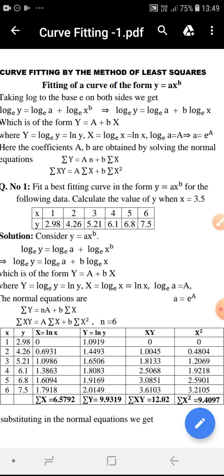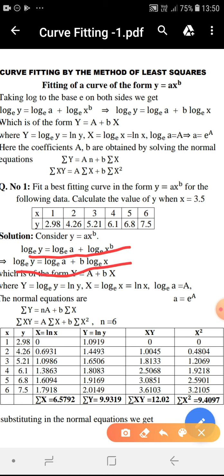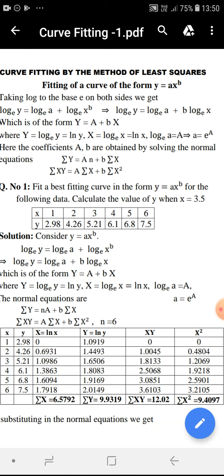You are asked to fit a curve of the form y equal to a into x power b. So reduce this equation to the equation of a straight line. Take log on both sides. Log y will be equal to log a plus log of x power b, which will be log y equal to log a plus b into log x.